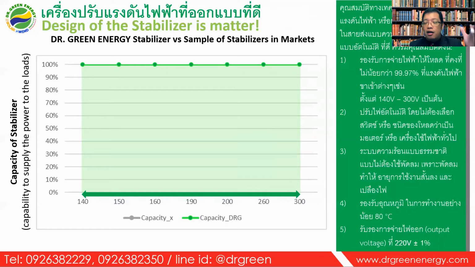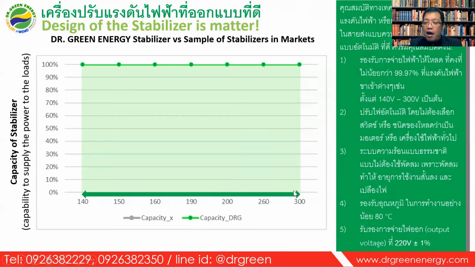Even if the voltage drops down to 140 volts, the capacity should remain at 10 kVA, for example, or the capacity should remain at 20 kVA or 30 kVA if you buy those sizes of stabilizer. And again, if the voltage drops to 150 volts, the capacity of the stabilizer should remain the same at 20 or 30 kVA, as an example.